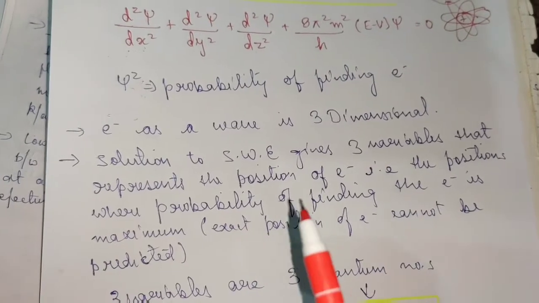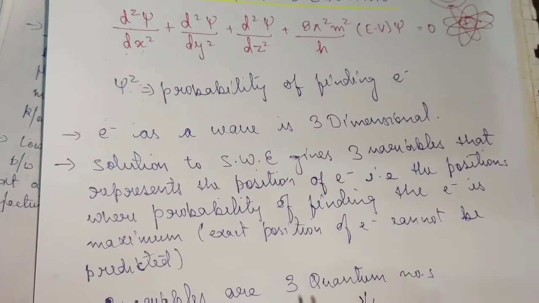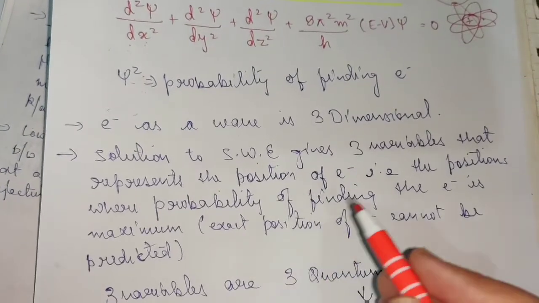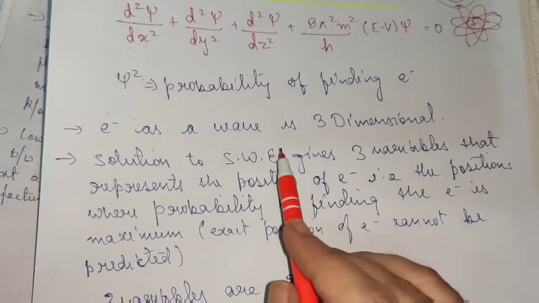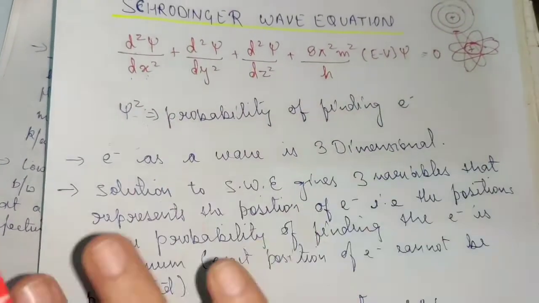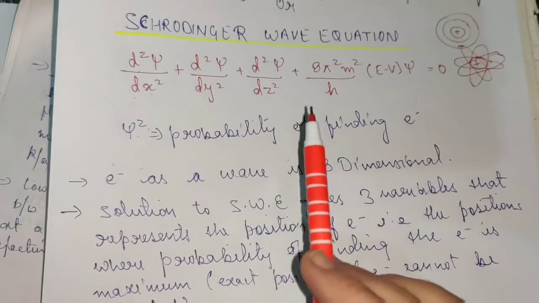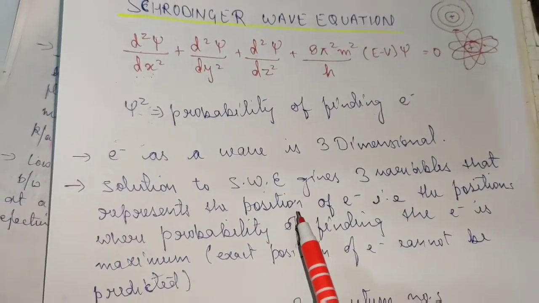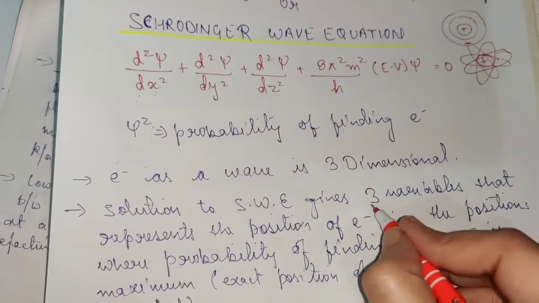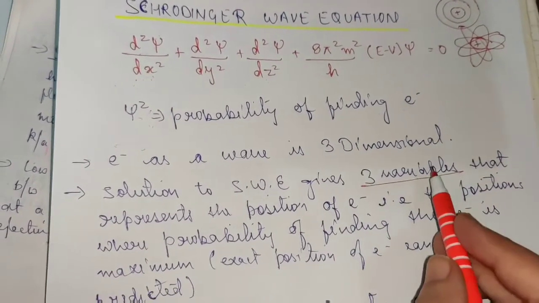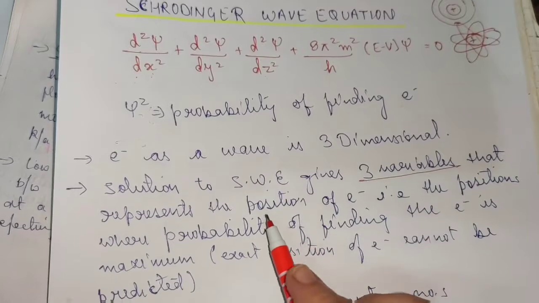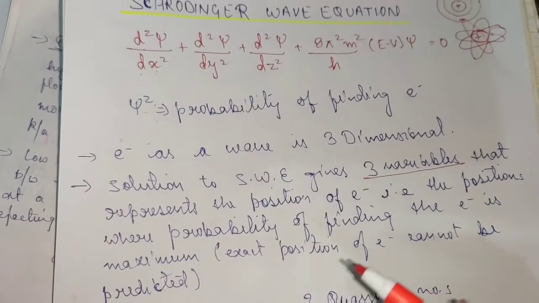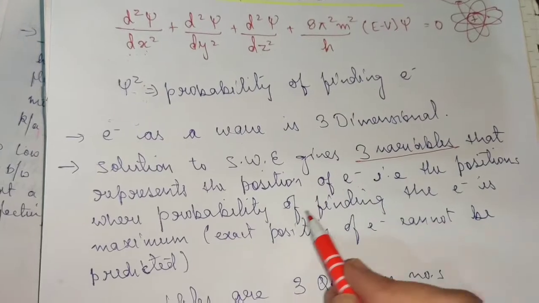You cannot find the exact location of electron in an atom, but you can find the probable position. So when you solve this equation, you don't have to solve it here in class 11, the solution gives three variables, and these three variables represent the probable position of electron in an atom.